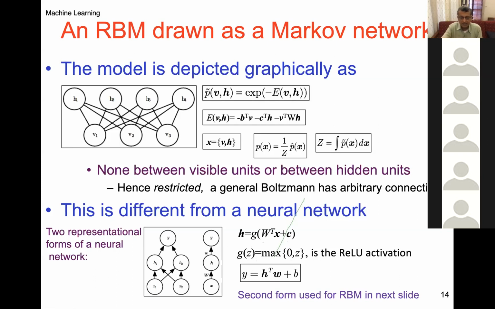And then Y could be a scalar value, H transpose W plus B. This is the form we use in the next slide. We're going to talk about the RBM in this way, X, H, Y, when we denote them as vectors, and then we have a capital W as a matrix, and then we have a vector W here at this level, and so on.